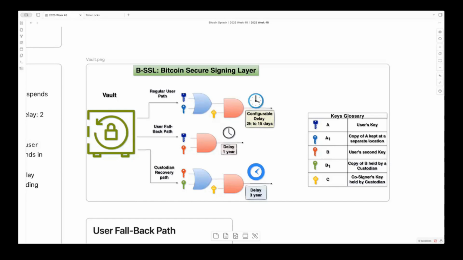Because these keys are lost, they can change the keys and put the funds back into a similar kind of structure. So you can perpetuate it. This is a basic idea that has been sketched by the author. Of course, when you construct, you can change all these delays based on your own requirements.